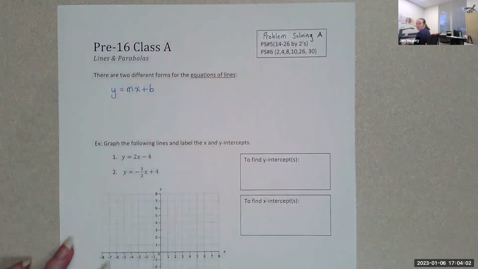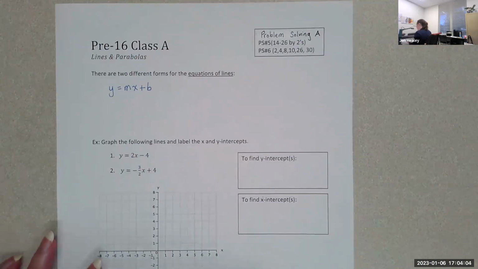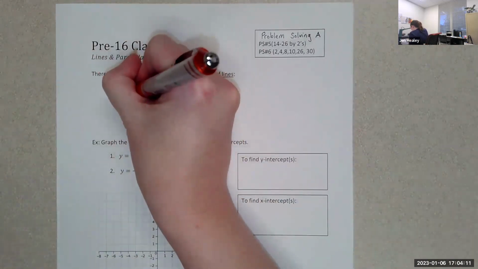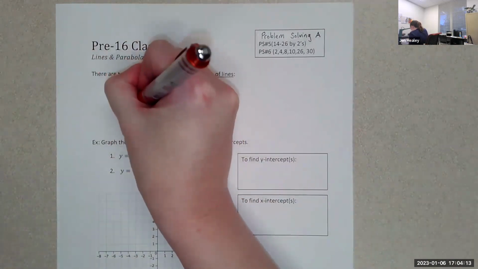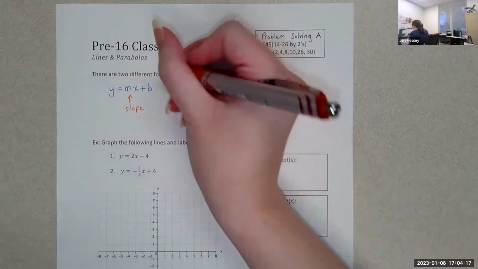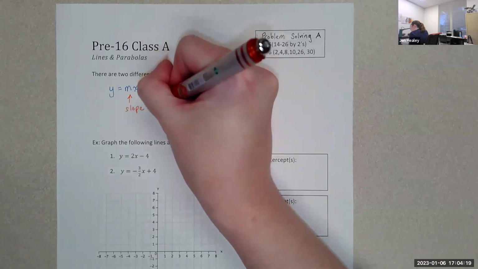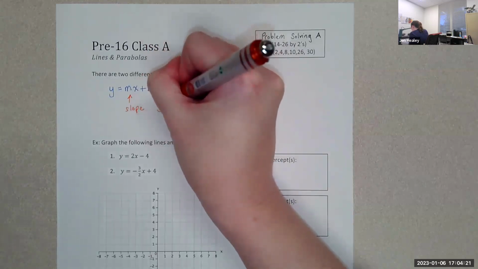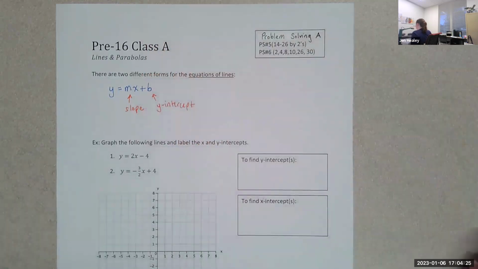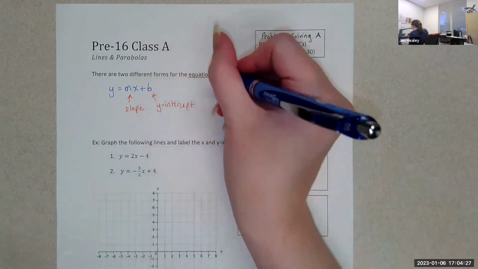When we have it written in that form, we've got the m representing the slope, and we have the b representing our y-intercept for the line. That's why this one's called the slope-intercept form.